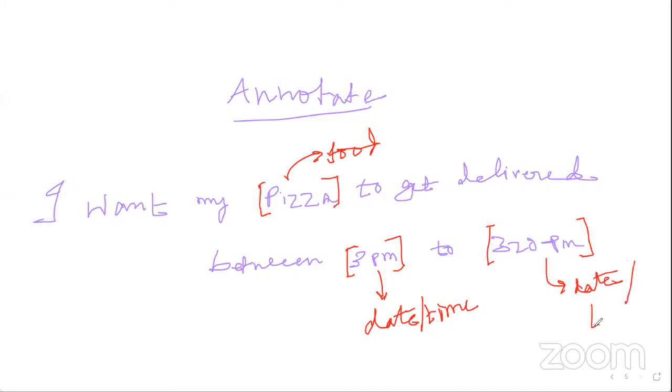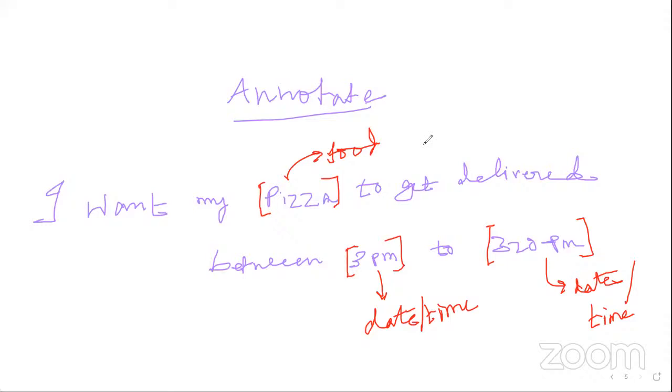Because in food delivery, you will typically not have a lot of date elements. Always it will be a time element, because it's an instant. Within an hour, it's happening. So I want my pizza to get delivered between 3 p.m. to 3:20 p.m. So it's a date time. What I am doing is taking every sentence and annotating the information that this is food, this is date time.